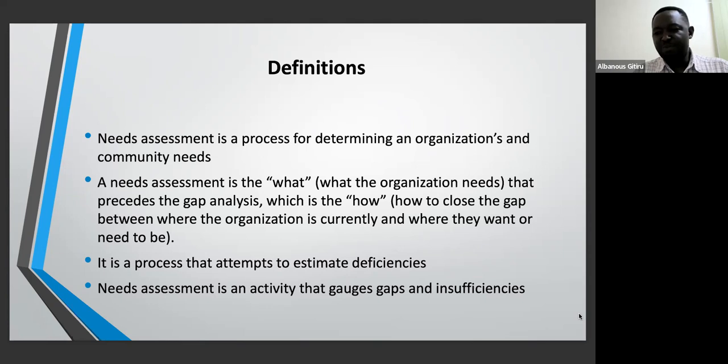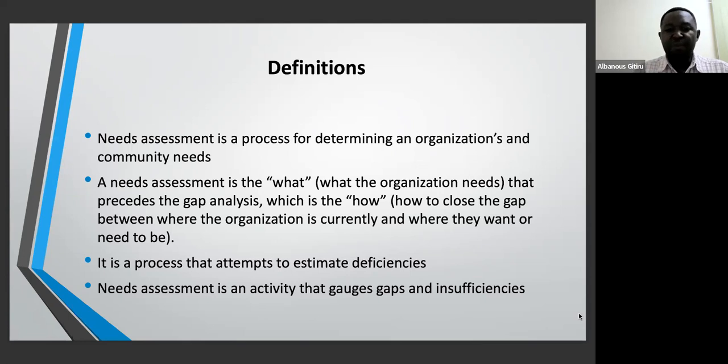If you're coming in as practitioners, you will have to be sure of that need so that you can be able to either start an organization or establish or initiate an initiative. The needs assessment is the what the organization needs. And this precedes the gap analysis, which is the how part. How to close the gap between where the organization currently is and where you would want the organization to be.